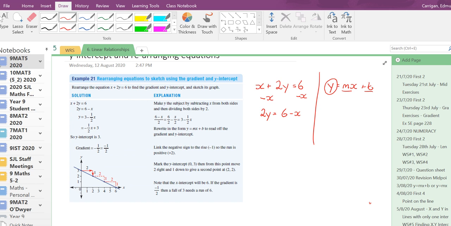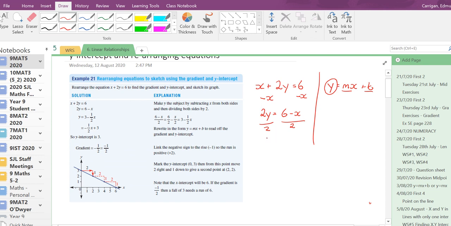The next thing, to get our y by itself, we recognise that we need to divide by 2. It's 2 times y, the inverse operation of multiplication is division, so we're dividing both sides by 2. That means we're dividing each individual term.